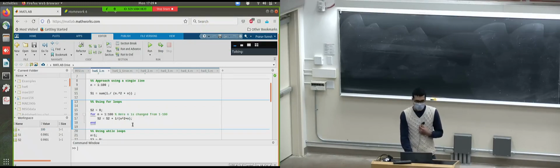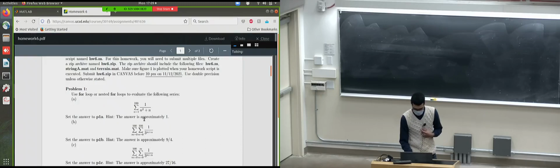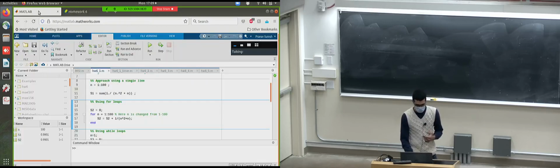Now, how do you do this same operation in a while loop? Here, the question is asking for the sum of the values from 1 to 100. In a while loop, usually you have a condition, right? And once the condition is met, the while loop stops, and it gives the answer.